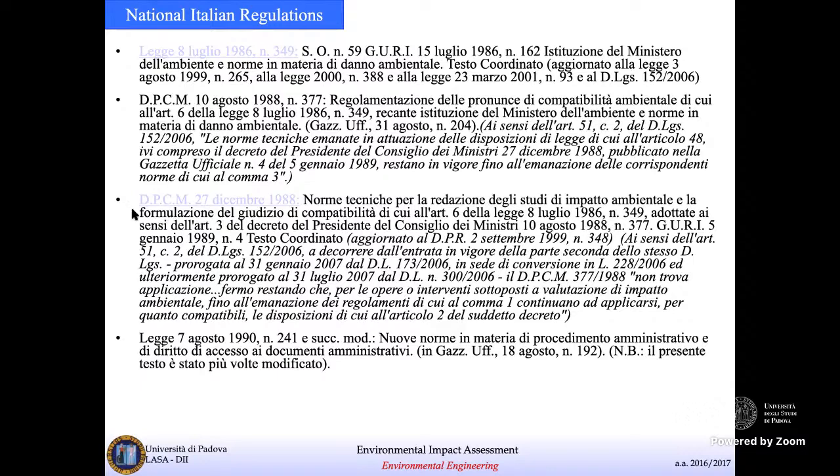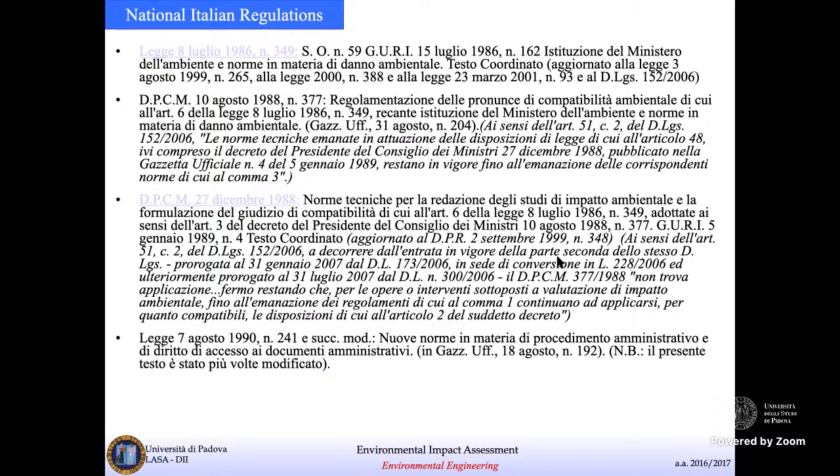Then we have an important one that introduces some technical norms, 1988, for the drafting of environmental impact studies and for the formalization of the judgment of environmental compatibility. You should become familiar with this terminology. The output of an environmental impact assessment procedure is a judgment of environmental compatibility. Judgment of environmental compatibility of what? Of the project to be implemented into that specific environment.